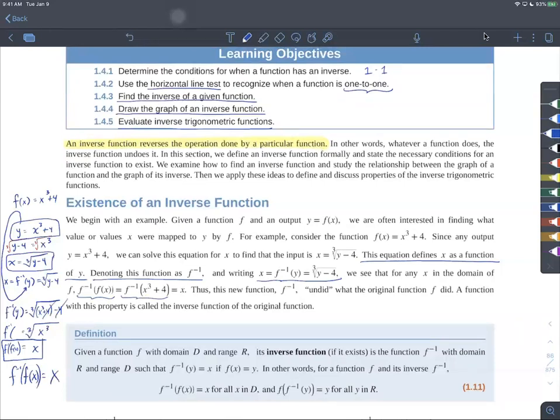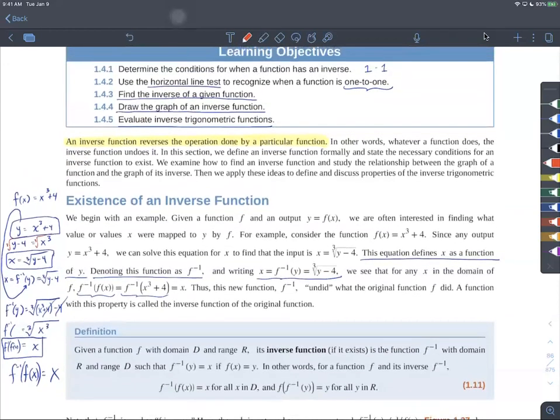So essentially, we can say that f inverse undid what f did because the original input ended up being the output. Thus this new function, f inverse, undid what the original function f did. A function with this property is called the inverse function of the original function.